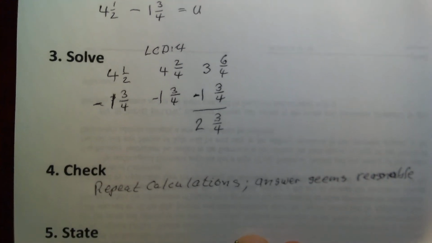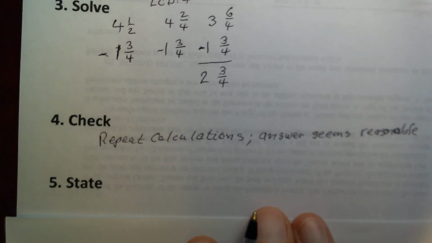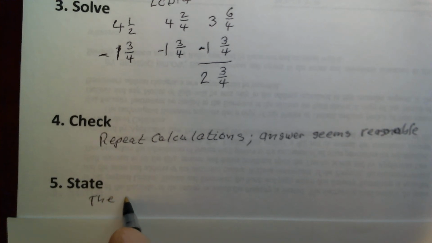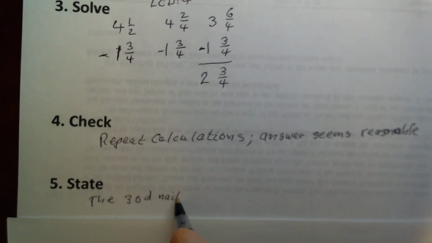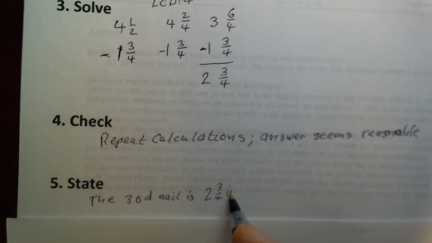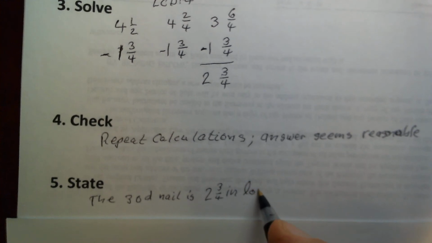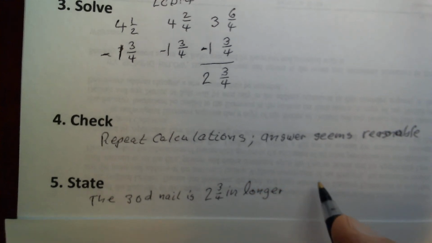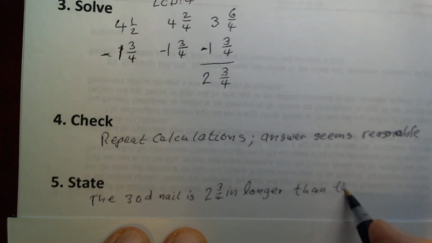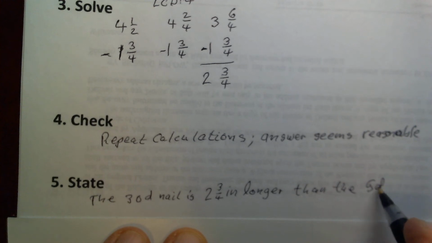And then we state our answer. The 30D nail is 2 3/4 inch longer than the 5D nail.